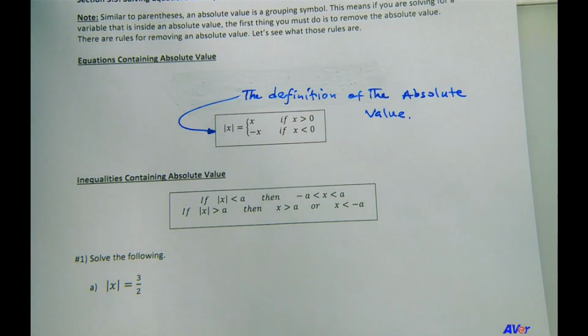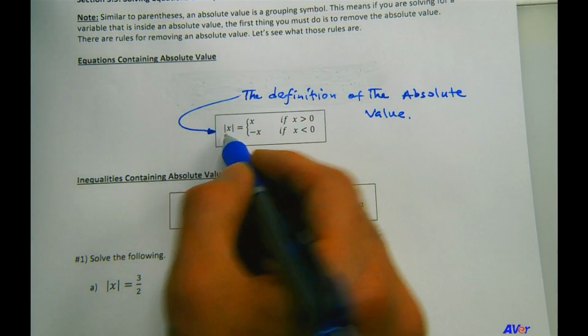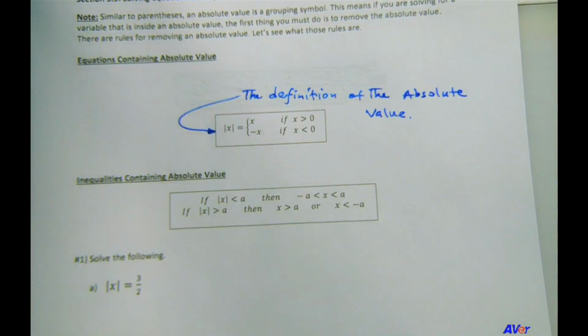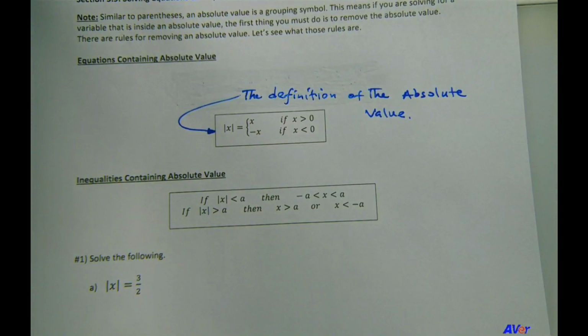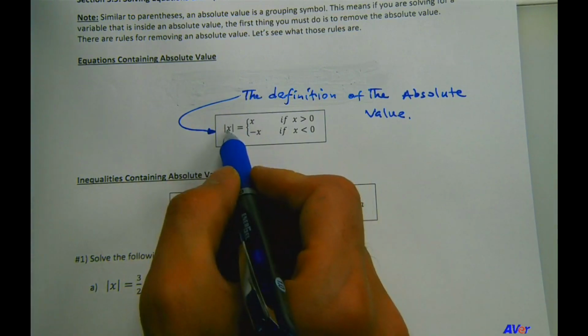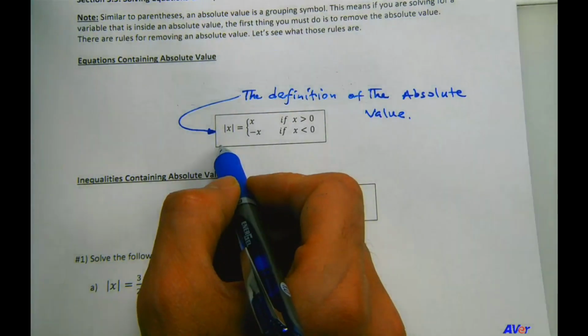Because absolute value notation, which is those vertical bars on both sides of the x, those are grouping symbols. Yes, they do perform another function beyond grouping what's inside the absolute value, but they are a grouping symbol, just like a parenthesis, just like a fraction line. So we cannot solve for x unless it's outside of this absolute value symbol.